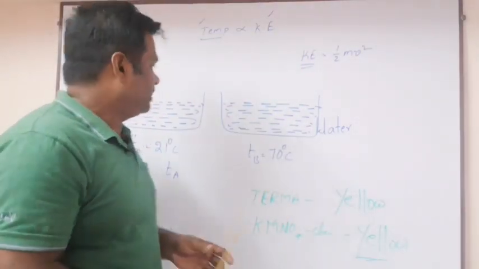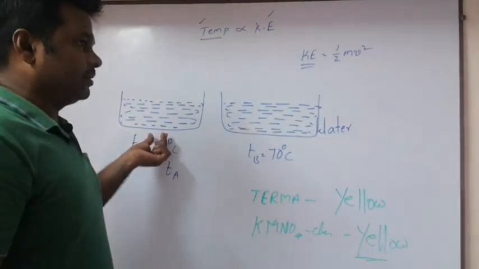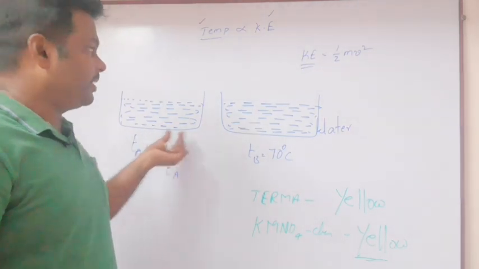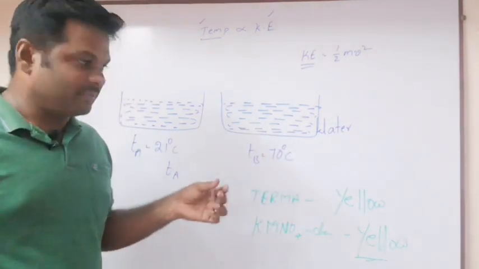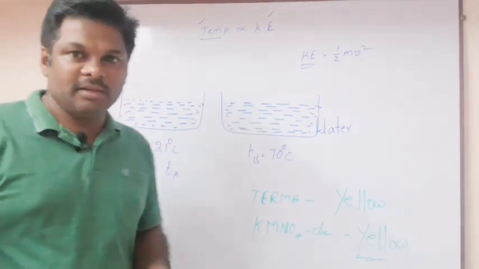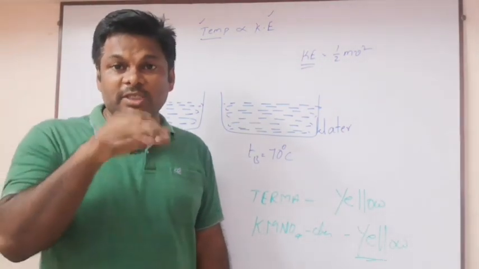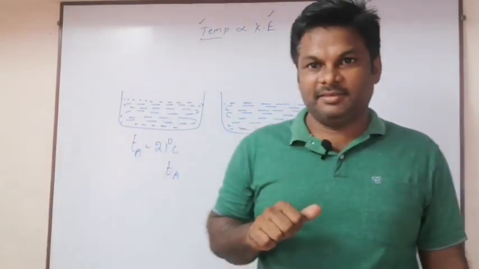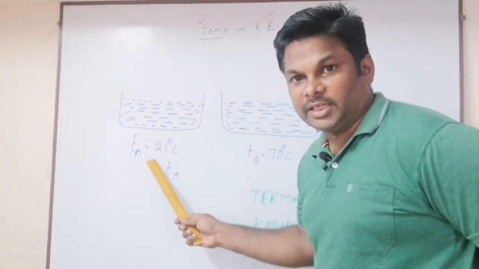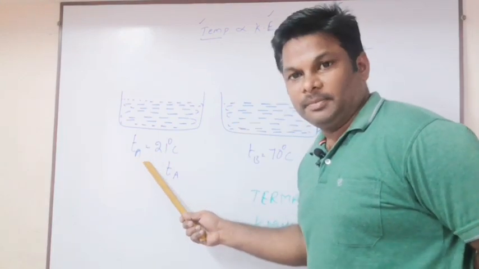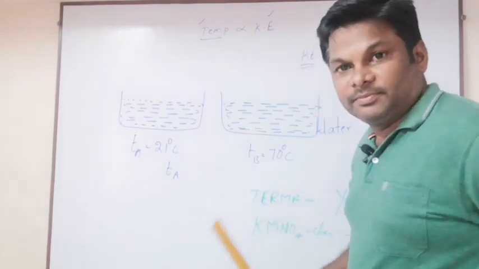When you sprinkle turmeric powder on the surface of water in this beaker, and in the second beaker, in which case are you observing more jiggling? You are observing jiggling of food color in the first beaker and the second beaker.